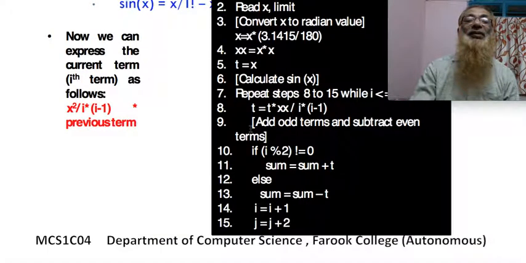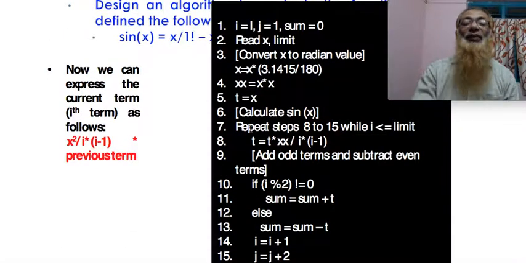Now from step 6 onwards, we compute our sum while I is less than or equal to limit. See this computation. T, this is the new term now. T into xx. Xx is nothing but x square.